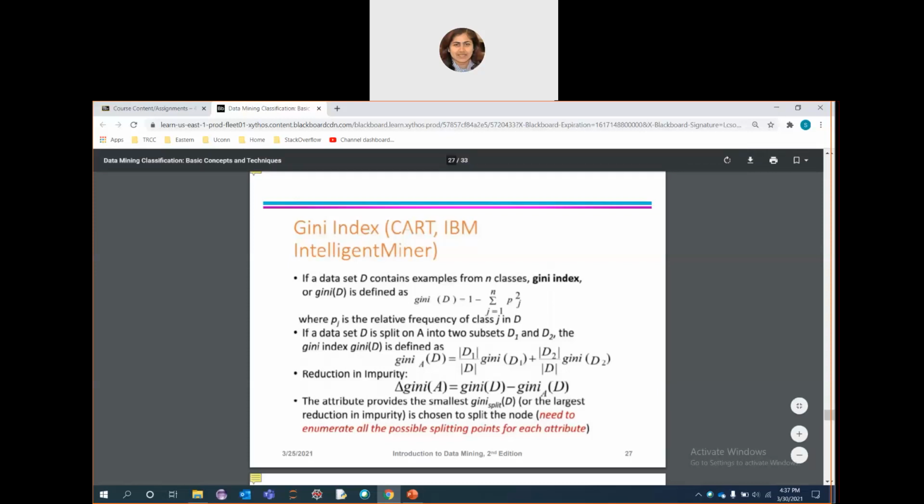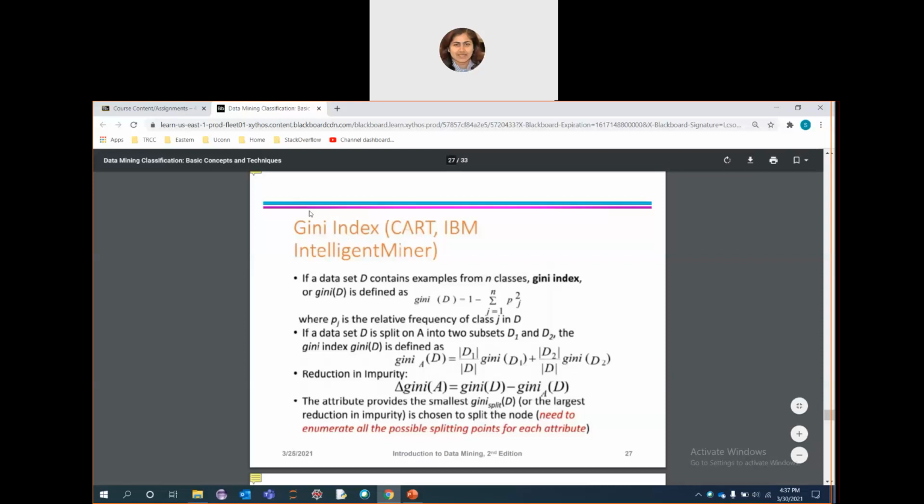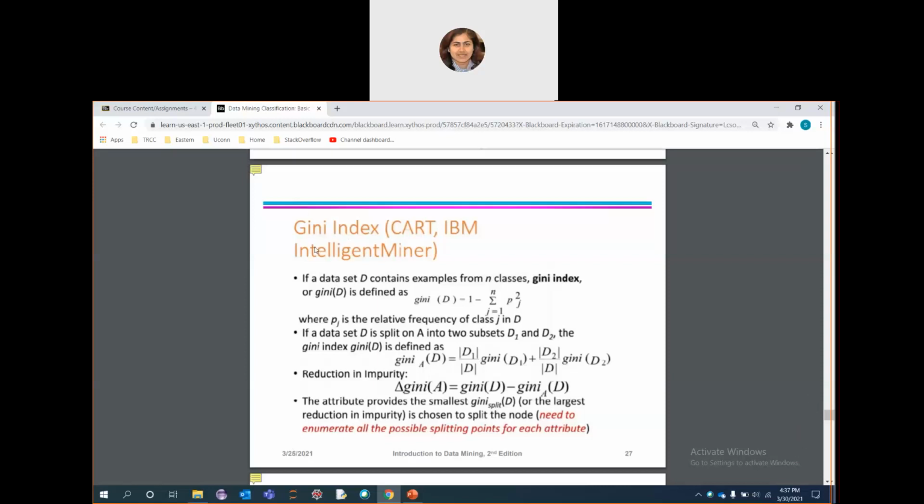Okay, and to determine the best, actually there are different criteria. So what are those criteria? There is a Gini index, which is also called Gini impurity, which is a measure of how often a randomly chosen element from the given set would be incorrectly labeled if it was randomly labeled according to the overall distribution of labels in the data set.